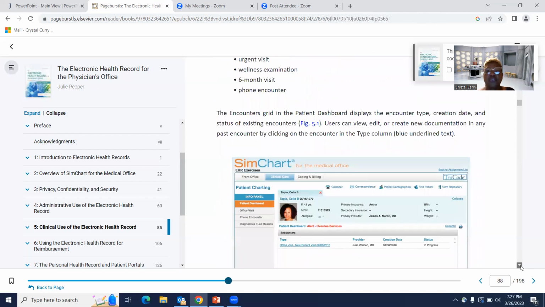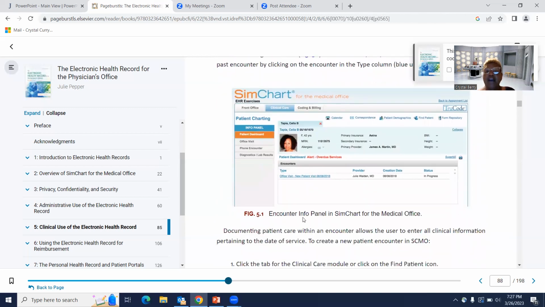It gives you the encounter info panel in SimChart for the Medical Office. Remember, you always go to your info panel, patient charting, info panel. Documenting patient care within an encounter allows the user to enter all clinical information pertaining to the date of service.